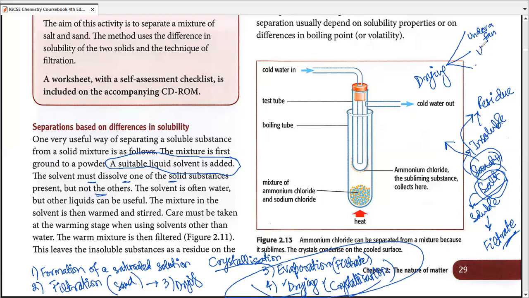You can also dry it under the sun. Since under the sun there would be more heat, the drying process can be made faster. But we do not usually recommend drying under the sun because the substance might react under the sun. All right. So we stick to a safer process, drying under the fan.